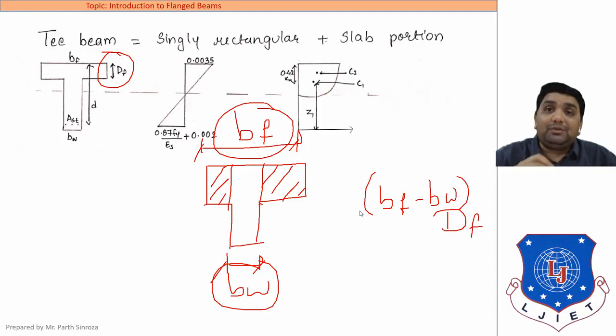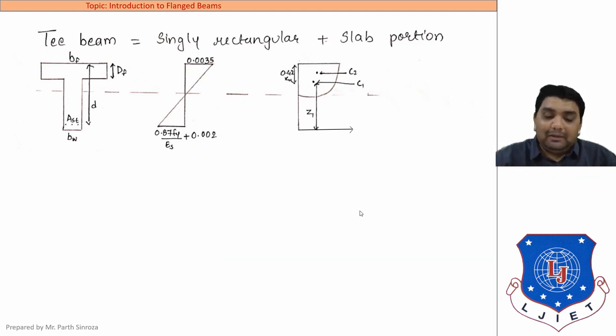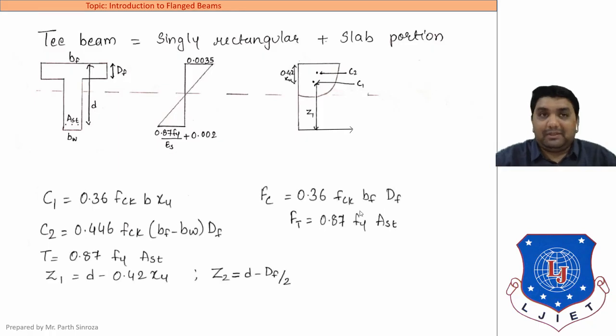As force equals stress into area, the stress here will be our maximum compressive stress, and as we all know, the maximum compressive stress is 0.446 fck. So the final equation will be 0.446 fck (bf minus bw) df. How this equation came, we already have derived it.